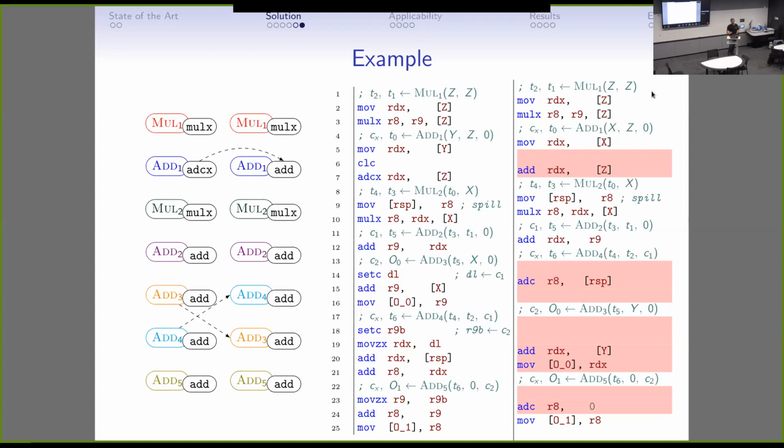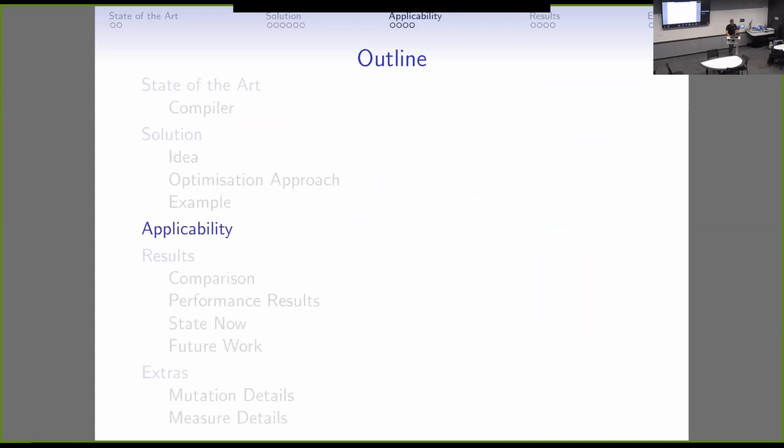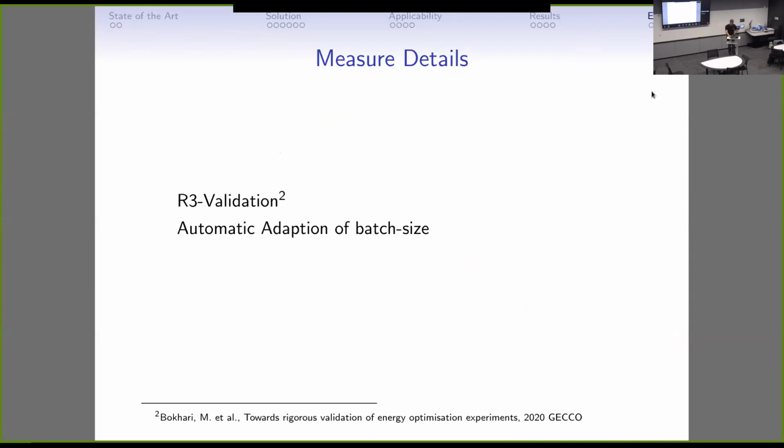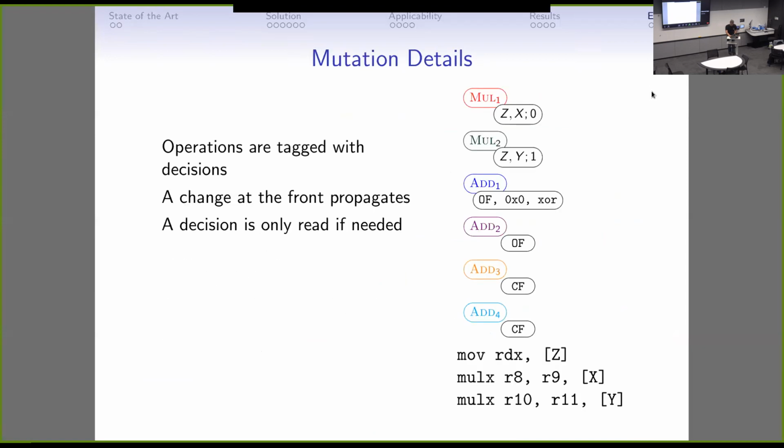I'm trying to be smart about that in the sense that that is somewhere here. So these are different multiplications now. Multiply 1 multiplies Z with X, and multiply 2 multiplies Z with Y. So it would make sense for this multiplication to put Z into RDX, so I can reuse that in both multiplications.